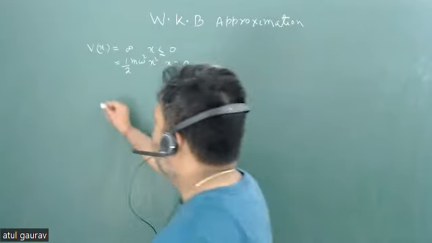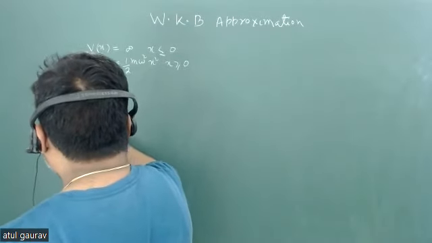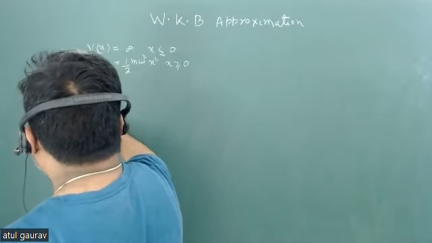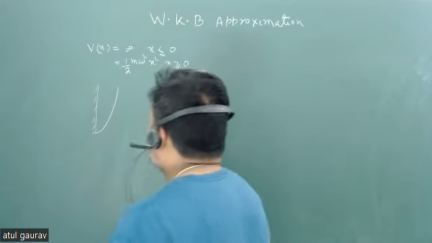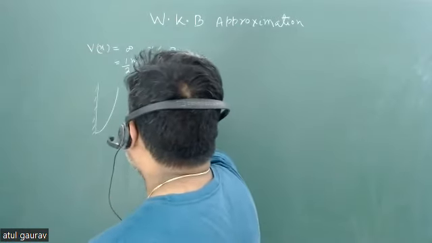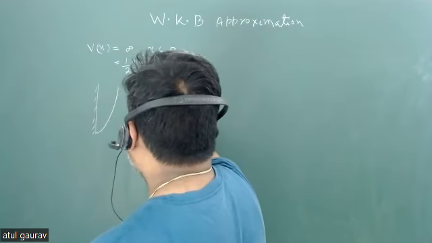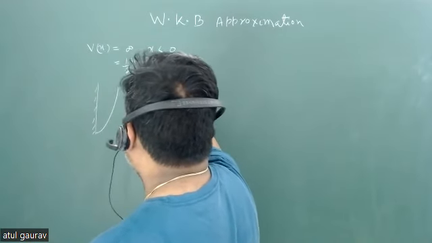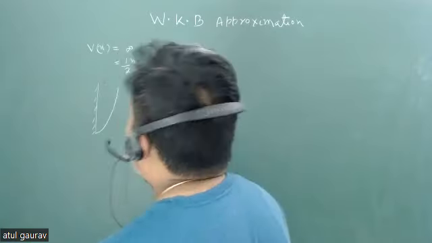So obviously this is a semi-parabolic potential and one boundary is rigid. If this boundary is rigid, then obviously we have to go from x1 to x2. And what will be the condition?